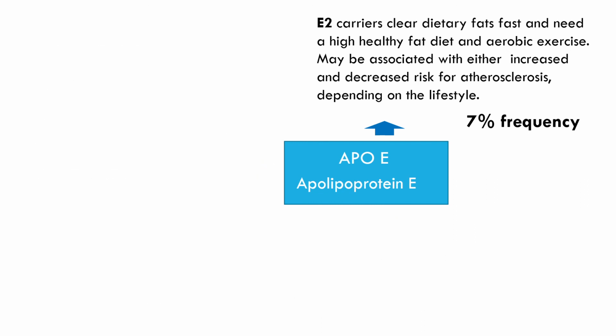So the E2 carriers, if you ever do 23andMe or one of these, it'll probably tell you what your ApoE is. And if you're an E2 carrier, you can clear fats fast, and you will need a high healthy fat diet and aerobic exercise. And it could be associated with either increased or decreased risk for atherosclerosis, but it depends on your lifestyle. So E2 really, you're not that much at risk because you can clear fats really quickly.